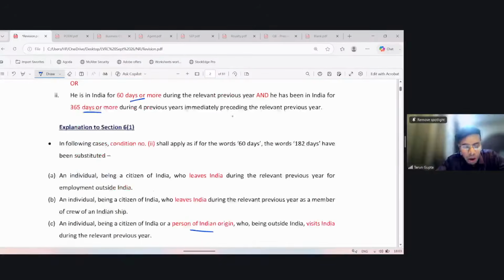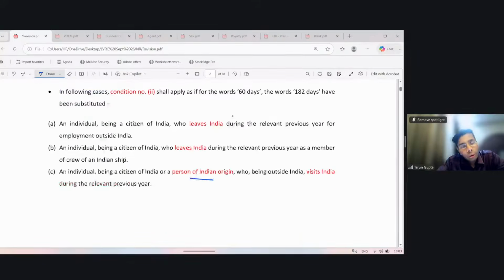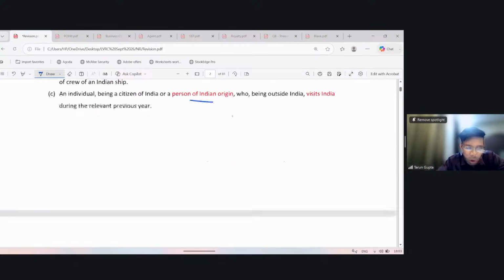Now, in respect of the third category, which is an Indian citizen or person of Indian origin who, being outside India, visits India during the previous year, such a person is considered a resident in India if he satisfies condition number one, that is, he is in India for 182 days or more.